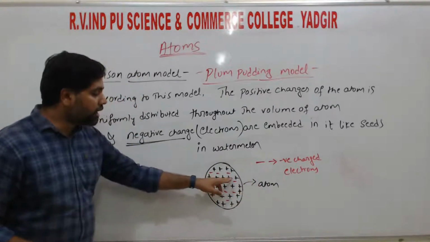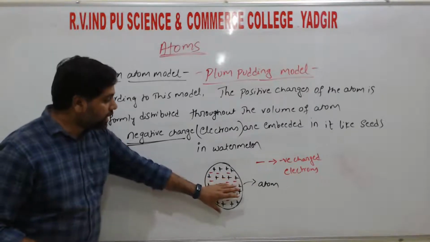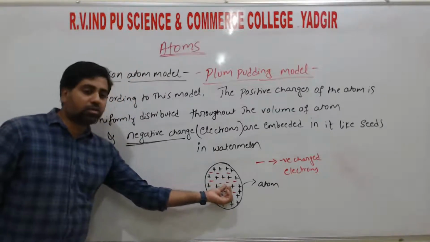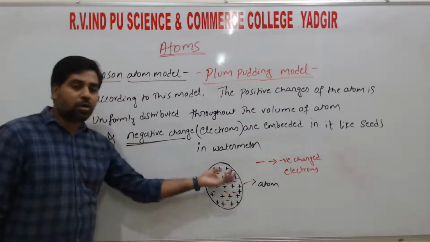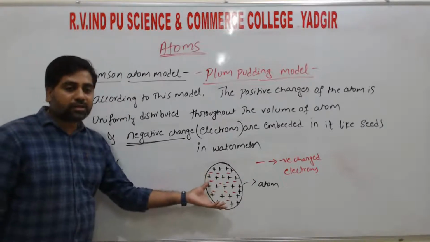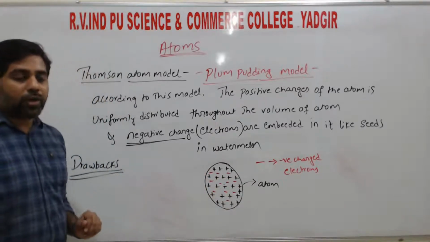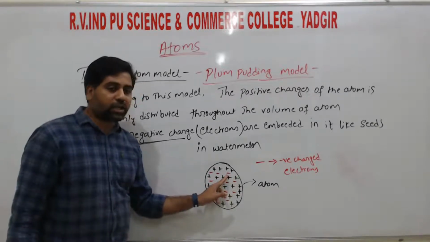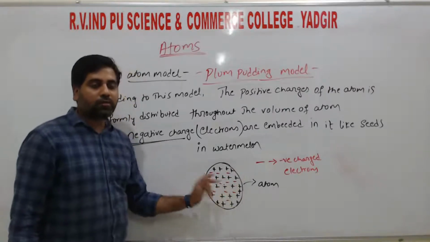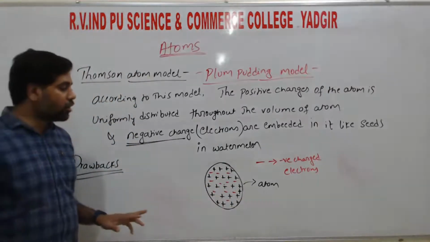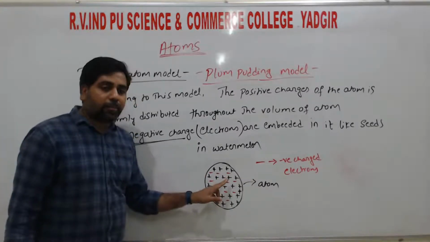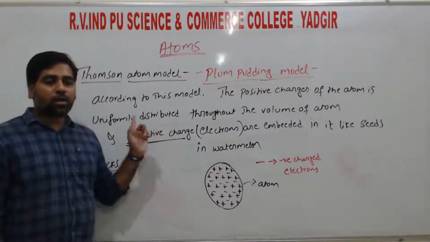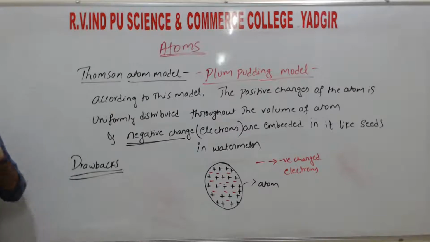He can't explain how they bind with the negatively charged electrons, that is, how they hold the negative electrons inside this atom. That is the first drawback. The second drawback is he is unable to explain the stability of this atom, right? Those are the two drawbacks of Thomson's atom model.